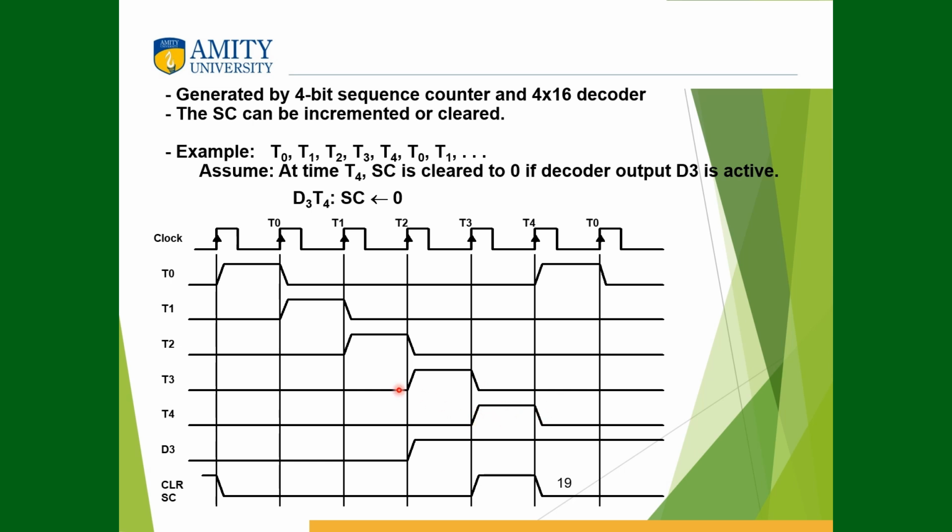As we see, at T3 a certain condition causes D3 to become active, and due to this, T4 is active at this point and D3 is also active, because of which the sequence counter is cleared to 0. Once the sequence counter is cleared to 0, we start all over again from T0, similar to this point, and the entire process repeats whenever the condition is satisfied.